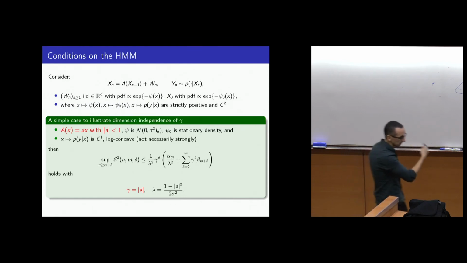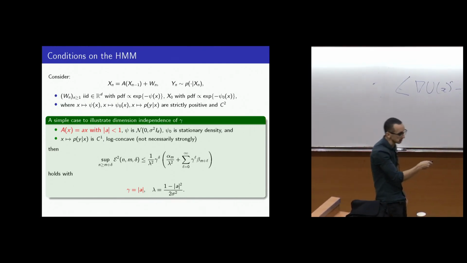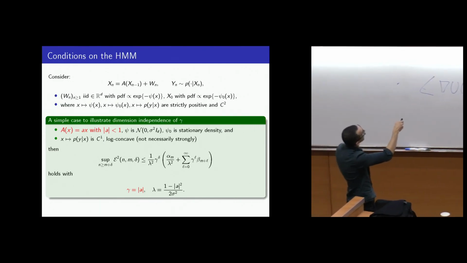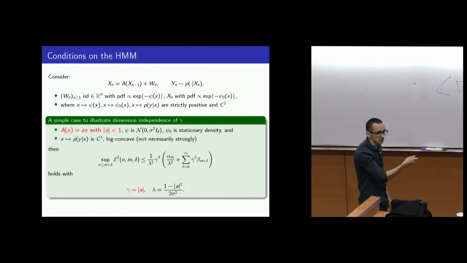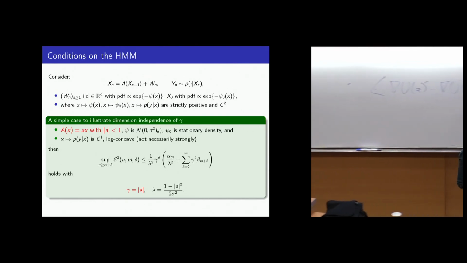And at least in situations that are simple enough that you can do some fairly explicit calculations, you can show that that gamma does not necessarily have any dependence on dimension either. So for example, in this nice easy case where the signal is linear with just the scalar in the front, so a really nice simple AR1 process, I can actually take gamma to be just the absolute value of A, hence not having any dependence on dimension at all.